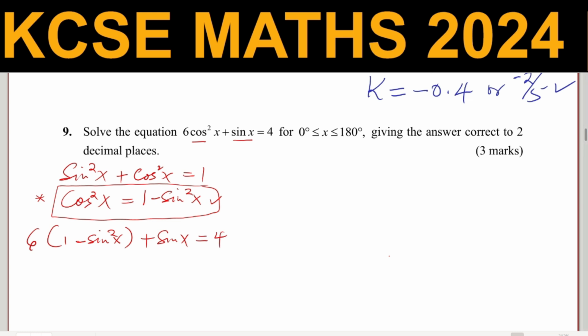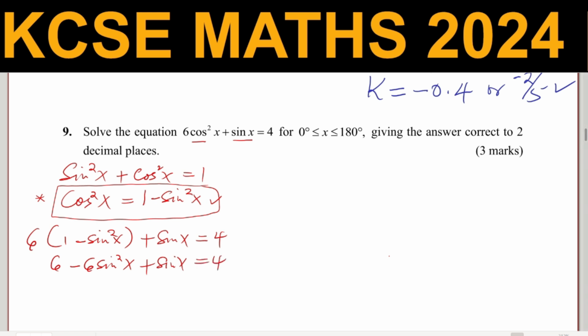Now you can see we've made these terms uniform. Now we have sine only. Now it is possible to work this out, and we're going to open the brackets here. This will give 6 subtract 6 sine squared x plus sine x is equal to 4.